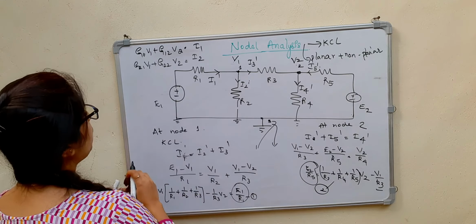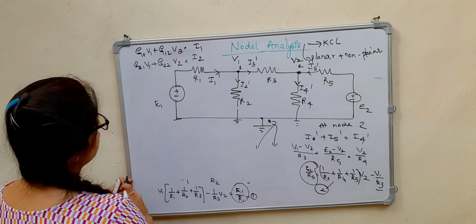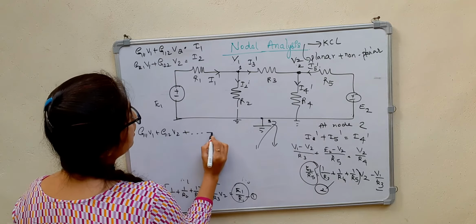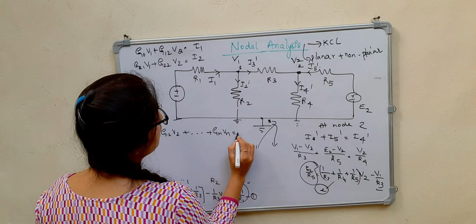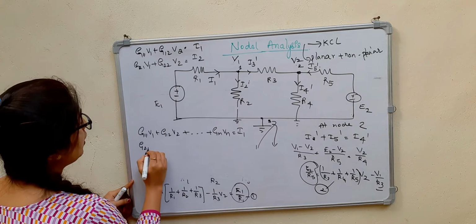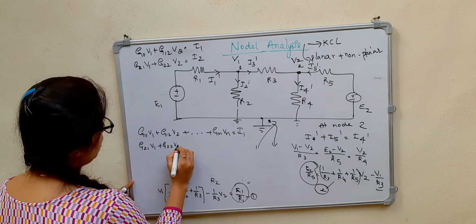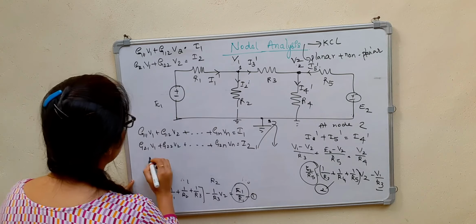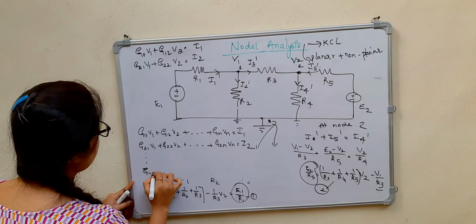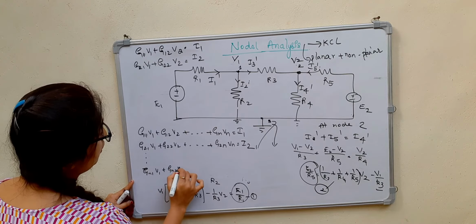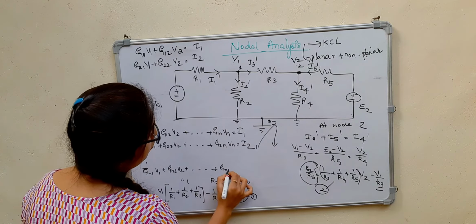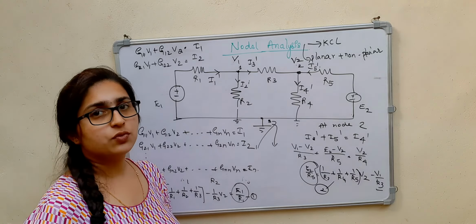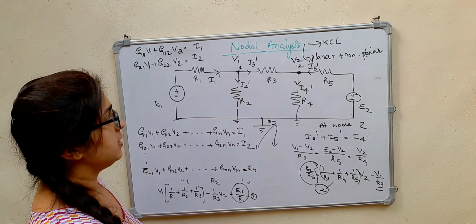Okay, so the general equations we can write as G11 V1 plus G12 V2, and so on till G1n Vn, that is equal to I1, G21 V1 plus G22 V2 plus G2n Vn, that is equal to I2, and so on till Gn1 V1, Gn2 V2, Gnn Vn, that is equal to In. So these will be the general equations for the nodal analysis.